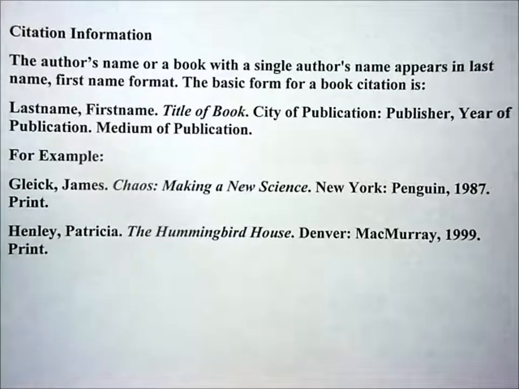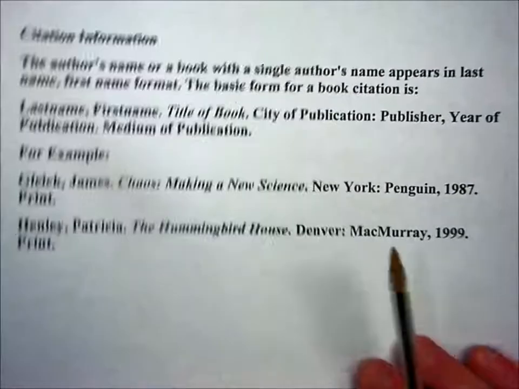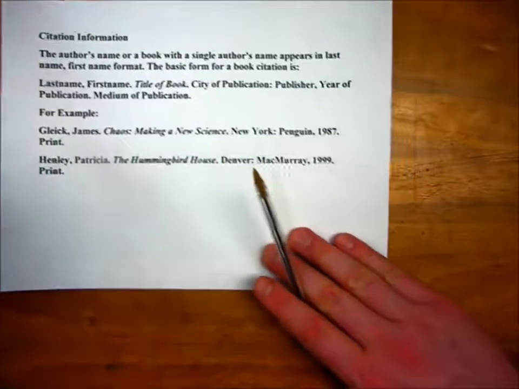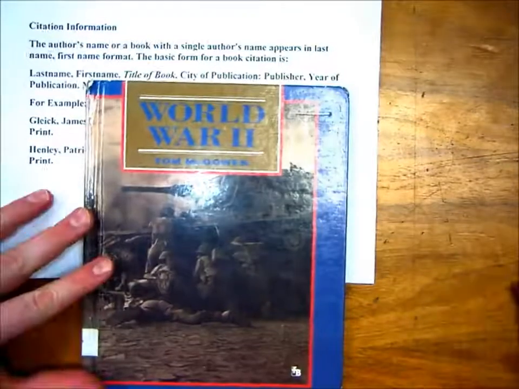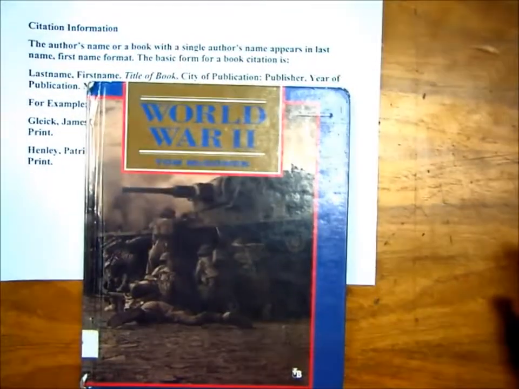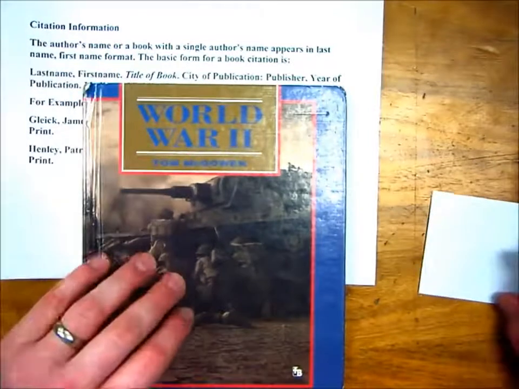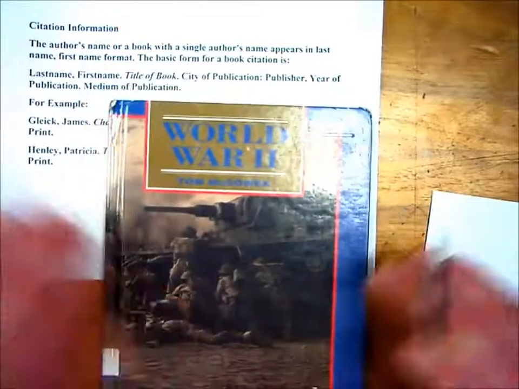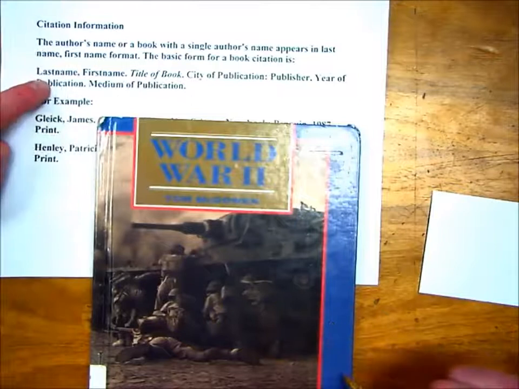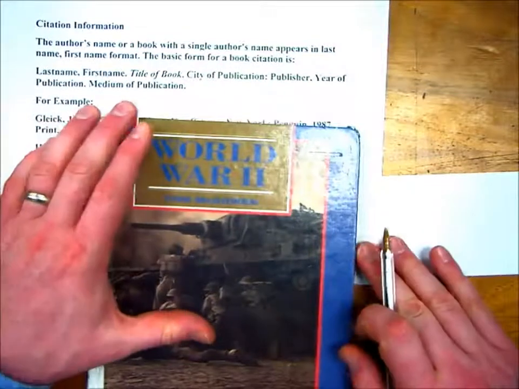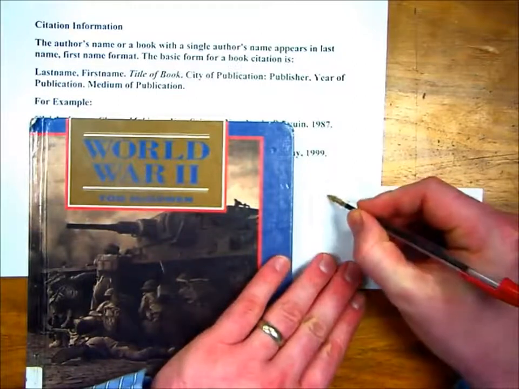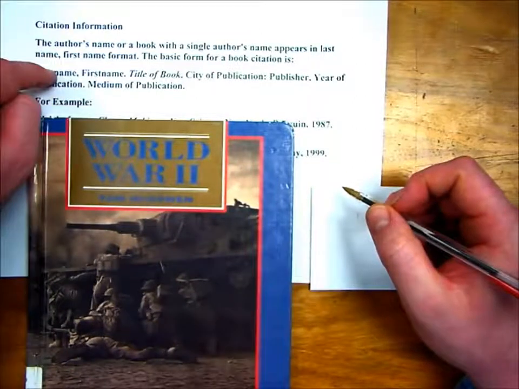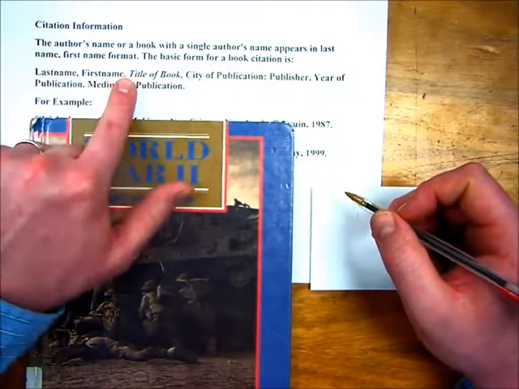Let me show you where to find this information in a book. I'm going to use a book called World War II, which is written by Tom McGowan. The first thing that you want to do is find the author's name. So go ahead and take your note card, and with the book that you have, write on your note card the author's name: last name, comma, first name, period.